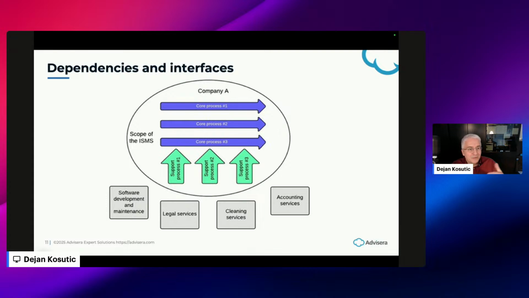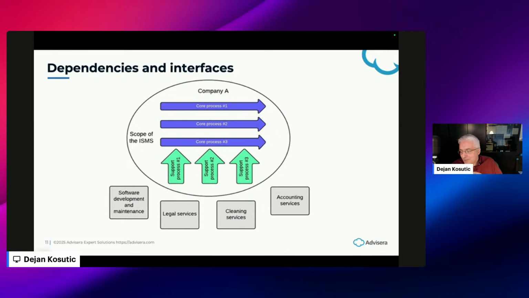From the IT point of view, let's say this accounting service might actually access your bookkeeping or financial software. So in this case, the interface would be the user interface through which your accountant from the accounting service is accessing your own software. Okay, so these would be the interfaces.